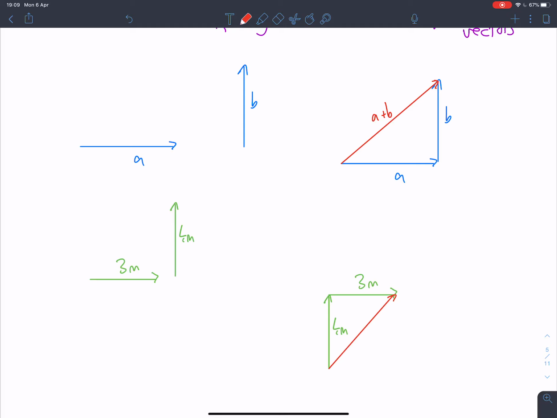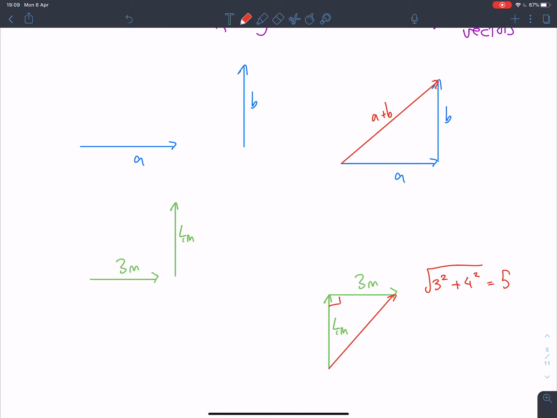So how am I going to find the length of that arrow? Well, here we've got a right angled triangle. How do I find the length of that side? Well, that's going to involve a bit of Pythagoras. So to find the magnitude, we can do a squared plus b squared equals c squared. Square root of all that should give me the length of that side.